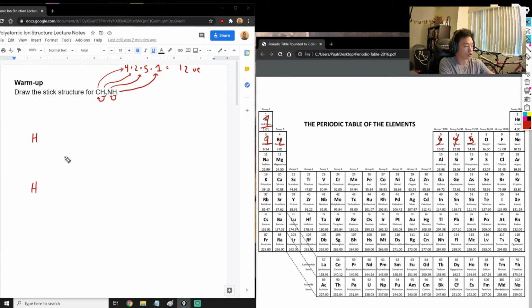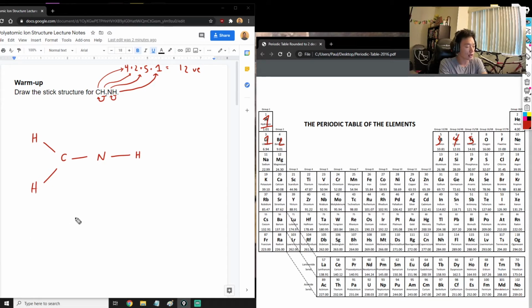We know carbon is usually in the middle, so we'll put carbon there, and then we'll just draw the N next to it, and we know H likes to be on the outside, so we're going to put the H right there. Okay, we also know that every single atom in a molecule needs to be connected, so I'm just going to connect, connect, connect, connect, just so everything is connected together to make one structure.